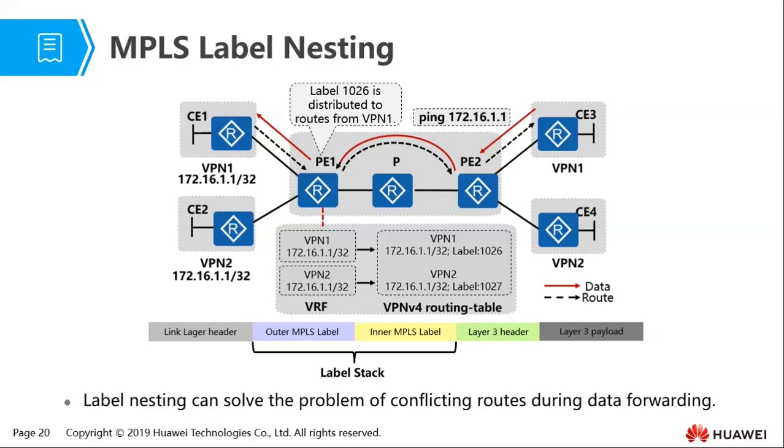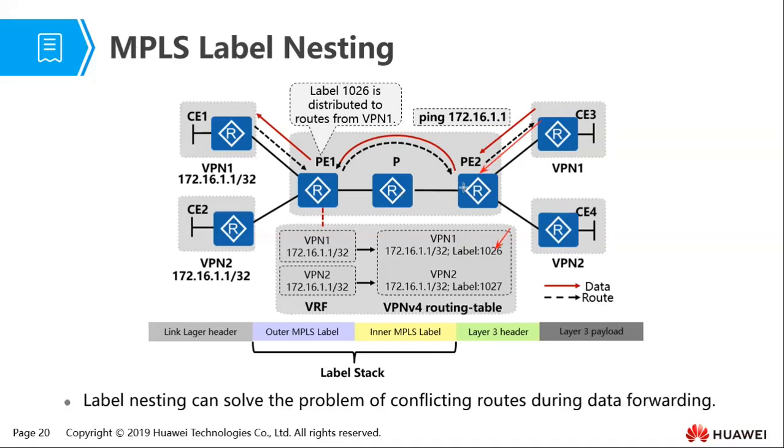Okay, so let me explain. Now, when you do the ping to 172.16.1.1, this particular PE device, because it has this in its table, is going to use that particular label.